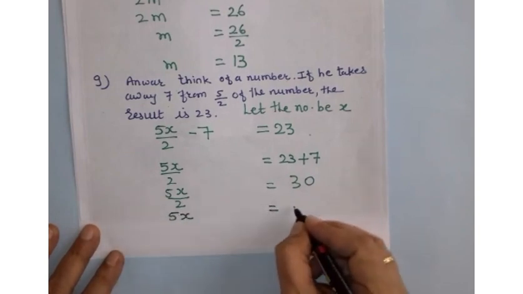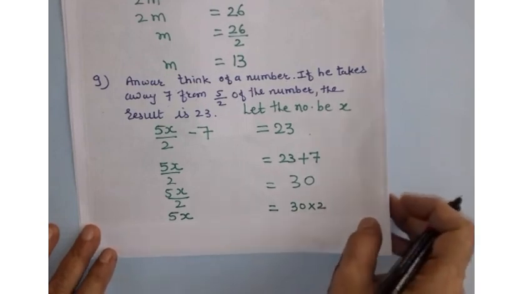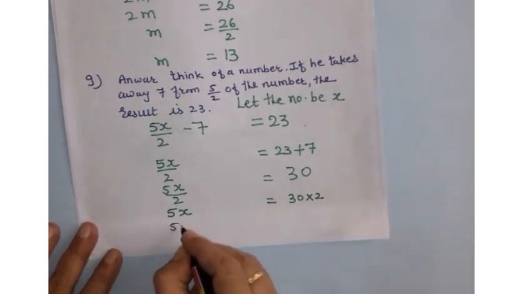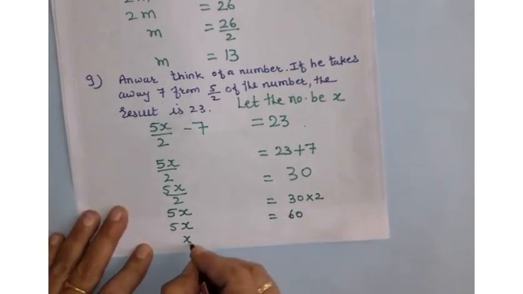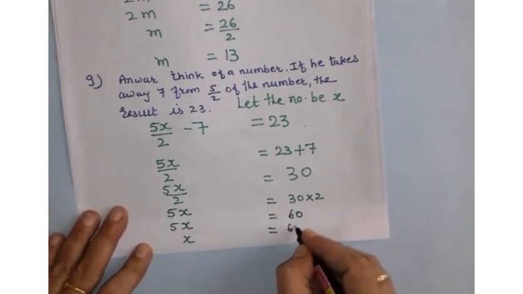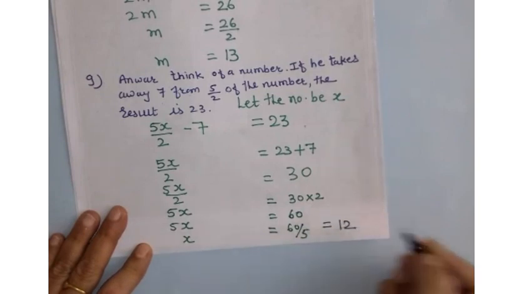So 5x is equal to 30 into 2. Clear? That gives us 5x is equal to 60 and x is equal to 60 upon 5. That gives us 12. Clear? Understood?